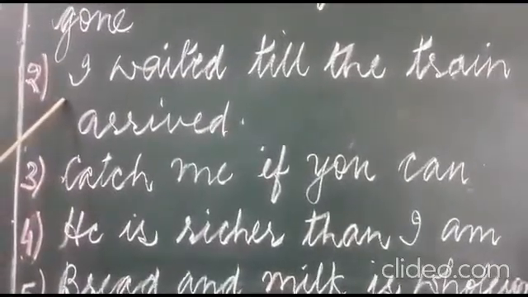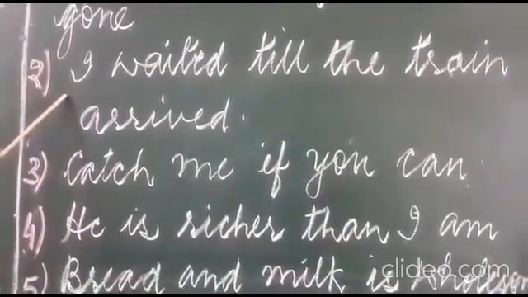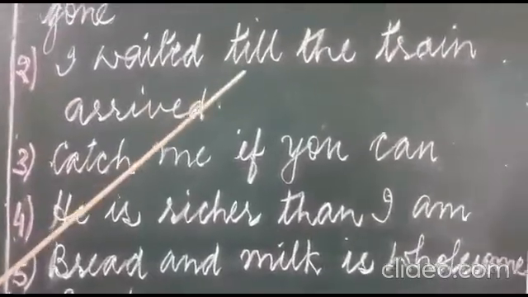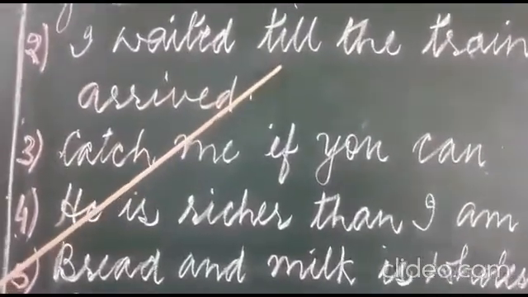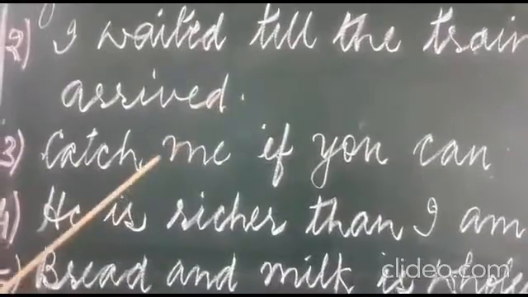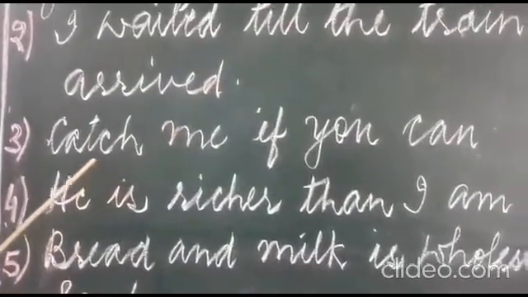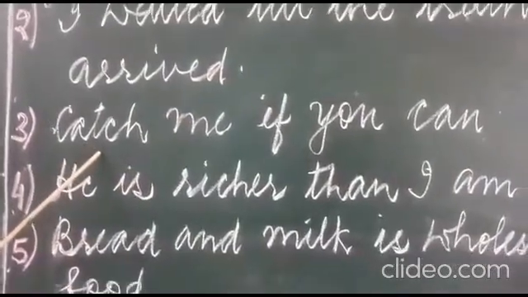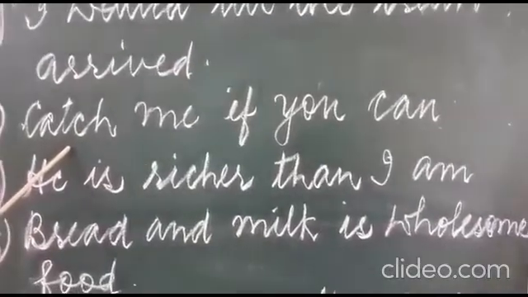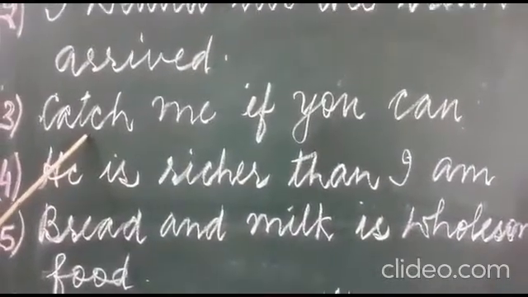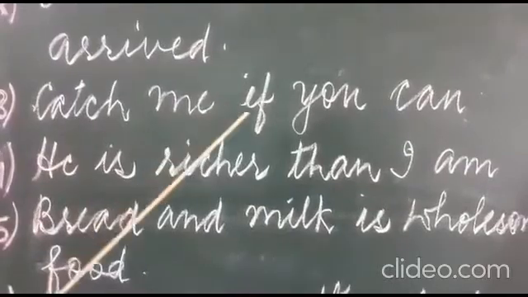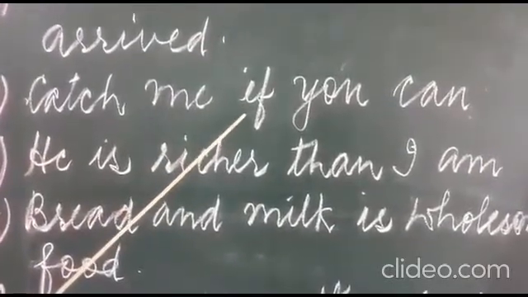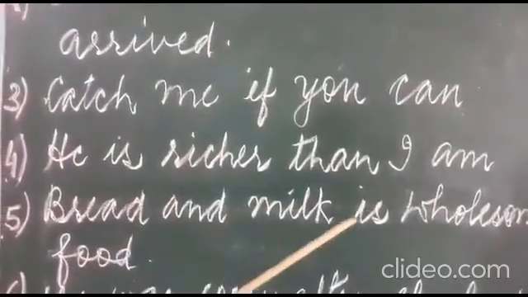Next, I waited till the train arrived. You know, where is the conjunction? This is your conjunction. Point out the conjunction. Next, catch me if you can. Where is the conjunction? This is conjunction. Right?